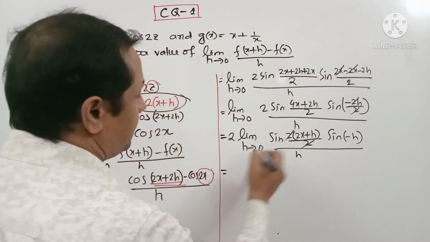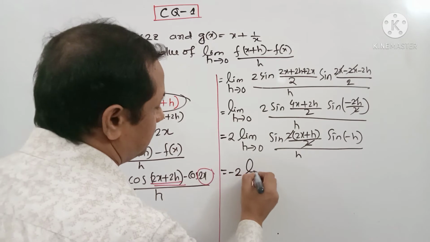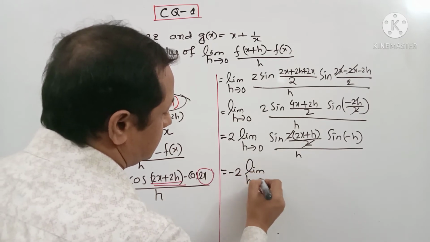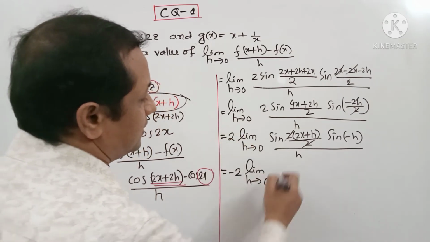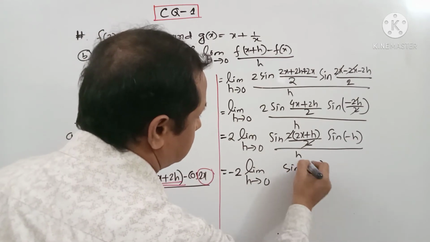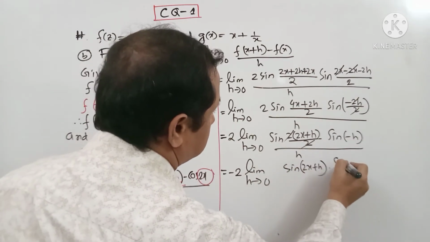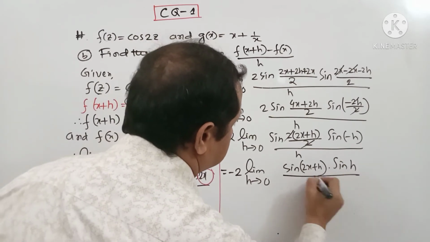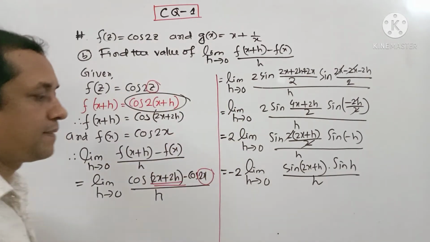Then we have here minus 2, limit h tends to 0 of sin(2x plus h) into sin h by h.